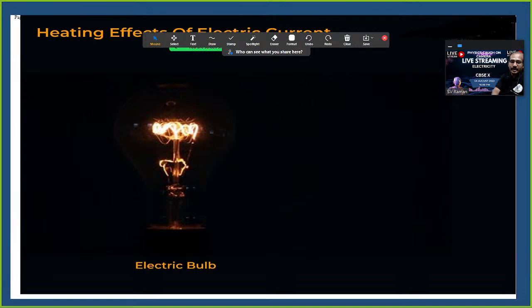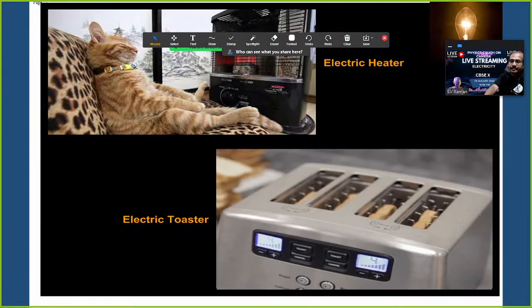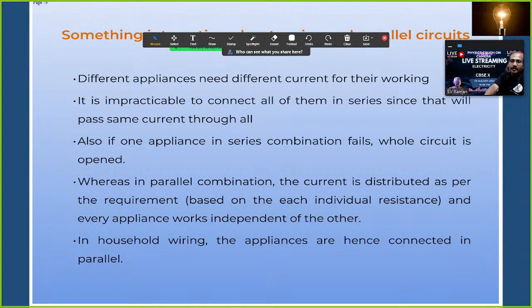Hope you understood this. Now, different appliances need different current for their working. It is impracticable to connect all of them in series, since that will pass the same current through all. Also, if one appliance in a series combination fails, the whole circuit is opened.